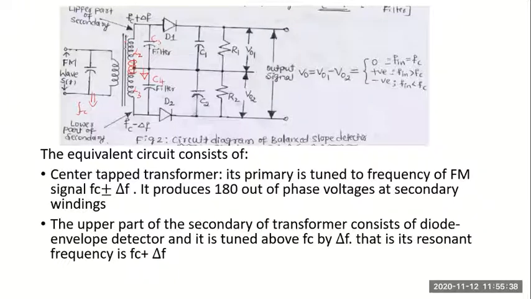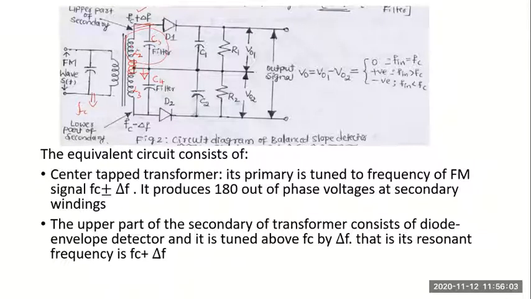Now, this combination forms one parallel tuned LC circuit, so this is one single slope circuit, what we studied. One parallel tuned LC circuit will be tuned to the frequency Fc plus delta F. Okay.